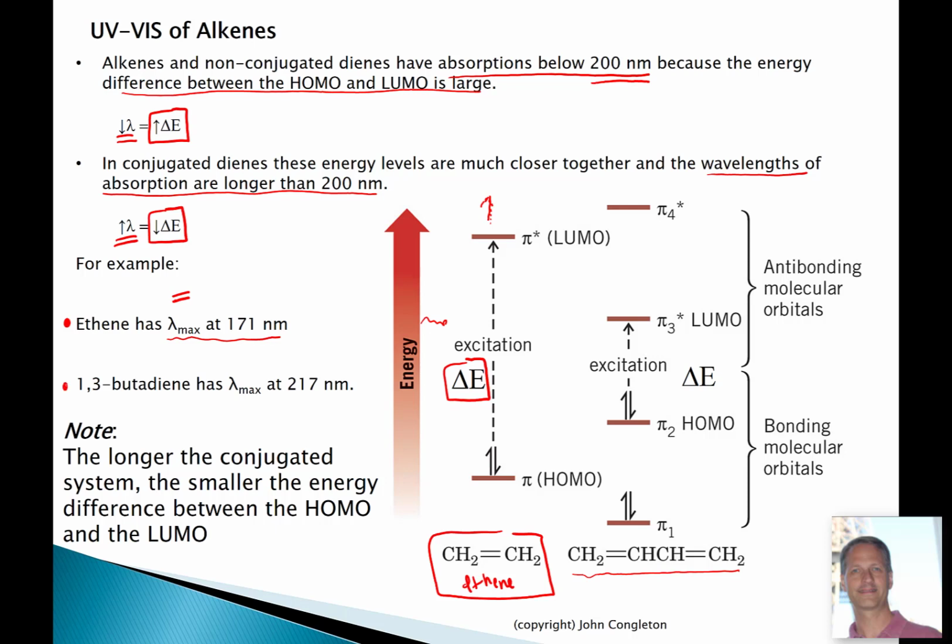Now if we take two ethylenes and we stick them together, you get 1,3-butadiene. When you do that, that delta E gets smaller. So here, that delta E is a smaller number than this delta E that we see right here. Now the trend here is that the longer the conjugated system, the smaller the energy difference between that HOMO and the LUMO gap.